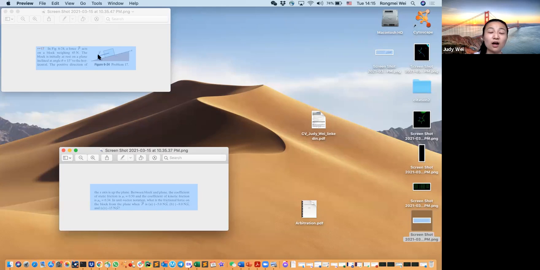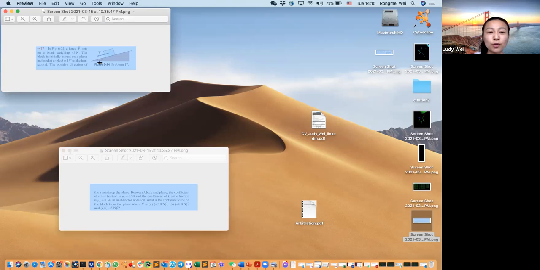28.5 in this minus x direction. But then you have your static friction, it's 22.8. So it's smaller than the total force in the minus x direction.